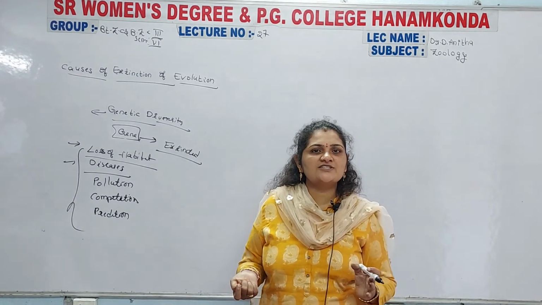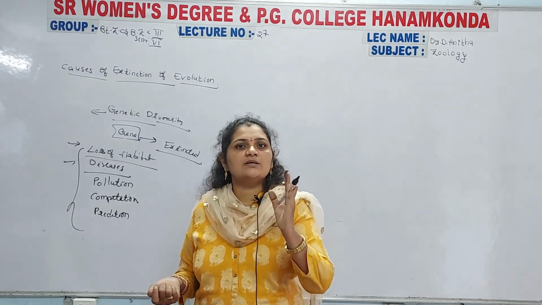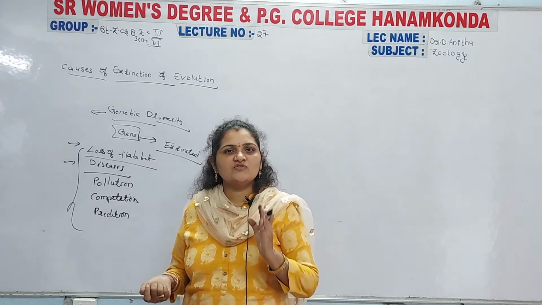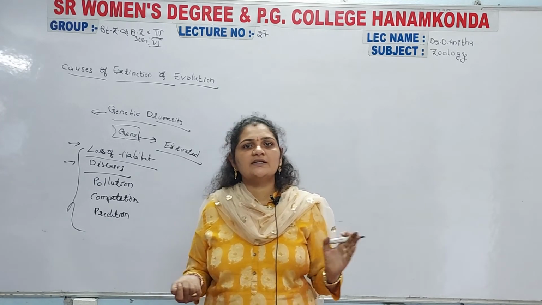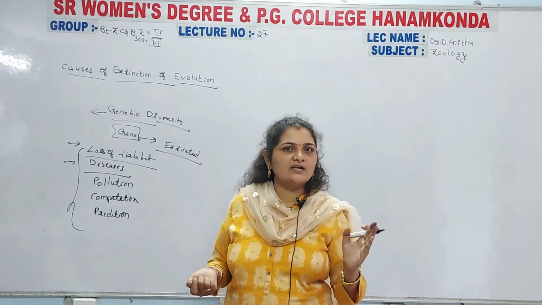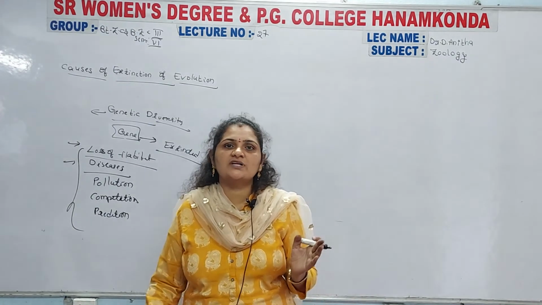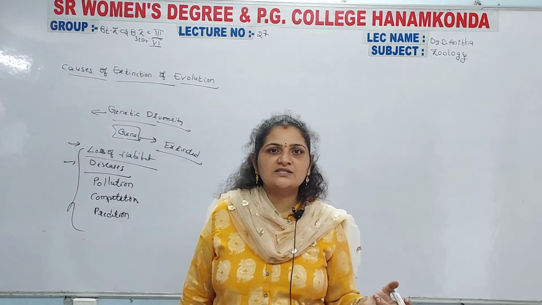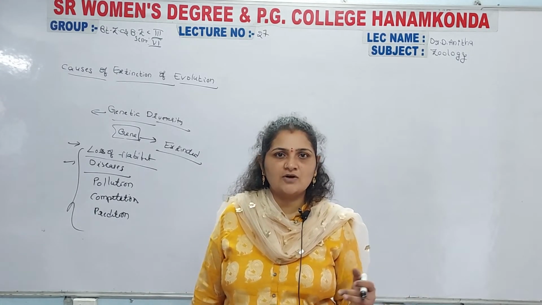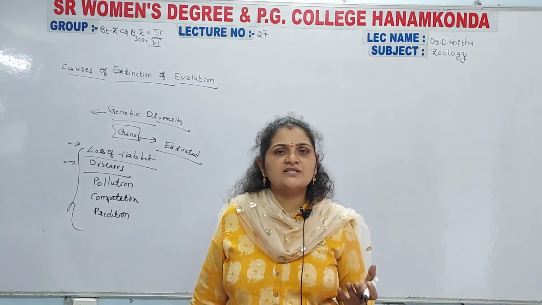Nowadays deforestation, removing the forest area, is one of the reasons for the extinction of most organisms, and it leads to endangered fauna. Most organisms are in an endangered or threatened condition nowadays. The reason is deforestation.